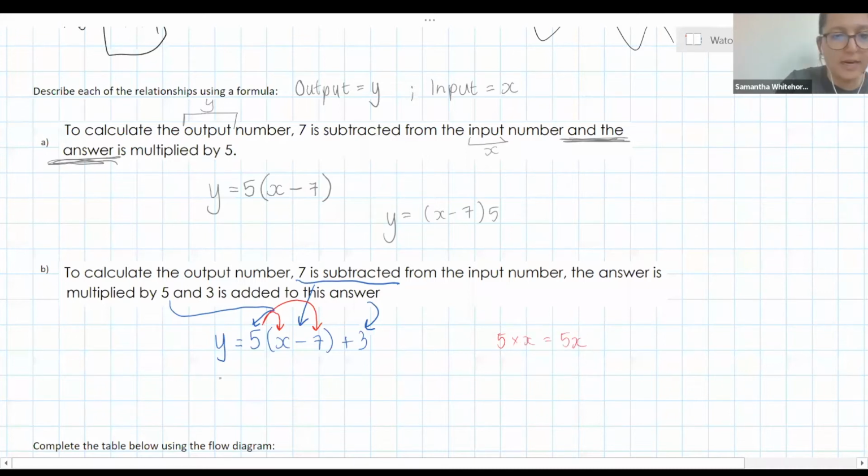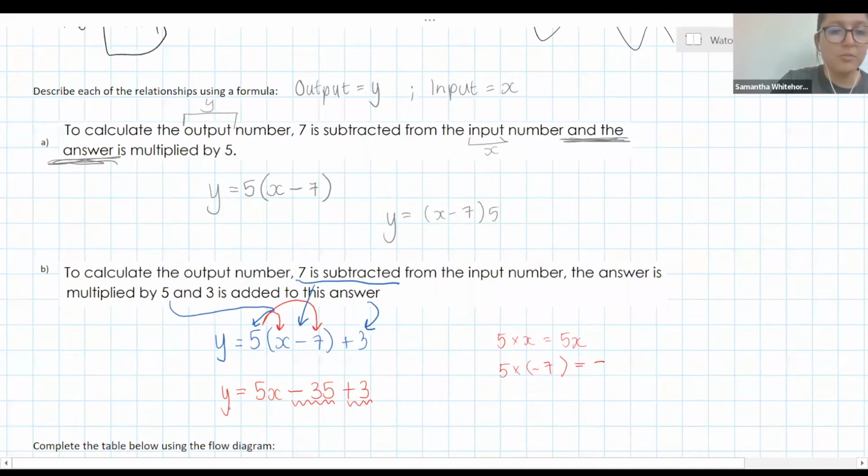So I currently have y is equal to 5x. If I take 5 times a negative 7, a positive times a negative is a negative, and 5 times 7 is then negative 35 plus 3, and negative 35 and positive 3 are like terms.